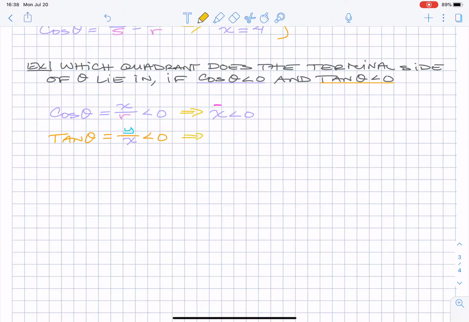And in quadrant 1, x is positive. Sine of theta, which is y over r, in quadrant 1 is also positive because y is positive.